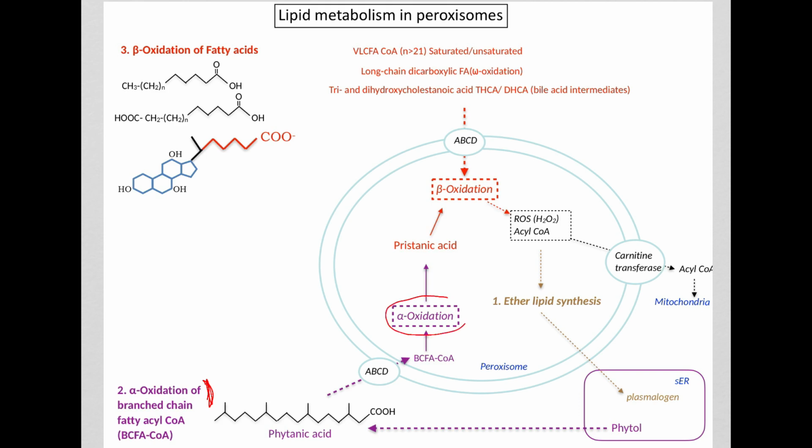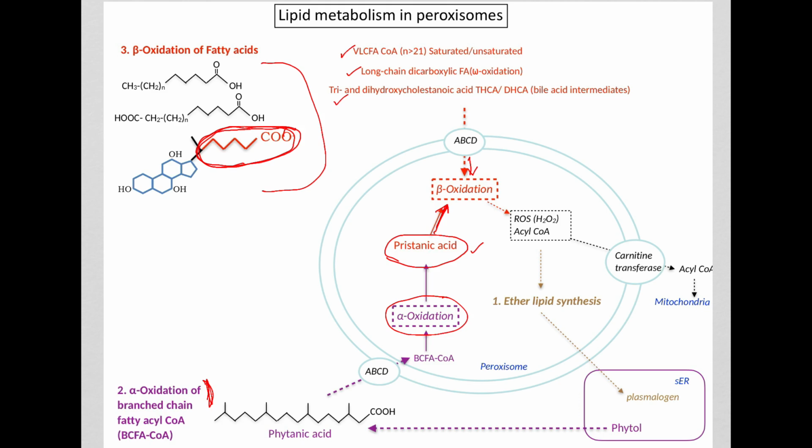by alpha-oxidation, and once they are broken down by alpha-oxidation, they are converted into products such as pristanic acid that can then undergo beta-oxidation. The other fatty acids can also undergo beta-oxidation, and these include very long-chain fatty acids, the long-chain dicarboxylic fatty acids, as well as the bile acid intermediates, especially this chain here, which you can see looks like a fatty acid.